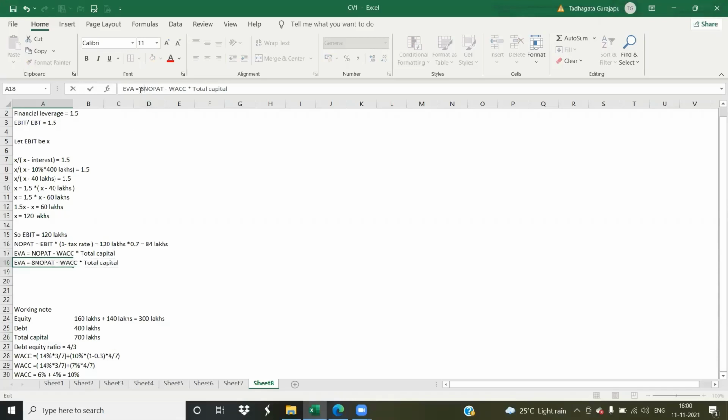NOPAT is 84 lakhs, minus what is WACC? 10%. 10% into what is total capital? 700 lakh. So EVA is equal to 84 lakhs minus 70 lakhs. So EVA is equal to 14 lakhs. So that is the solution.